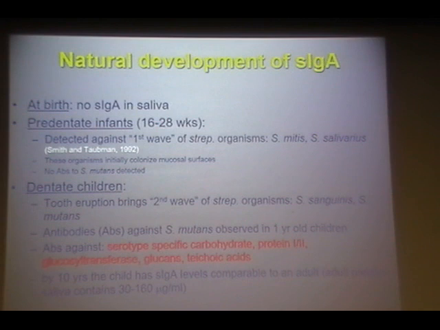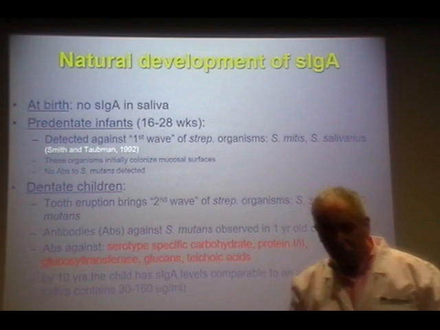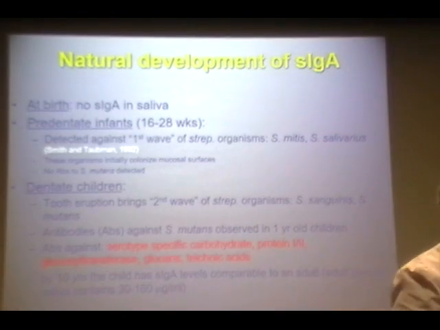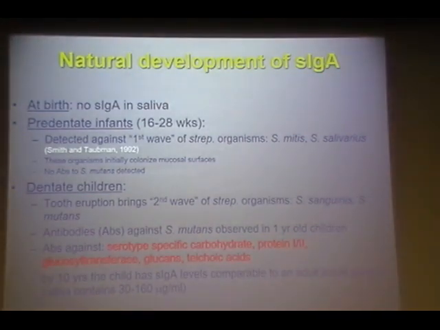Lipoteichoic acids. So those are agents that are inflammatory. But we're not going to talk about them in regards to strep mutans. Certain streps play a role in soft tissue inflammation, but we're not going to be talking about that. But the antibodies against these agents can be seen by the time the baby is about 1 year old.